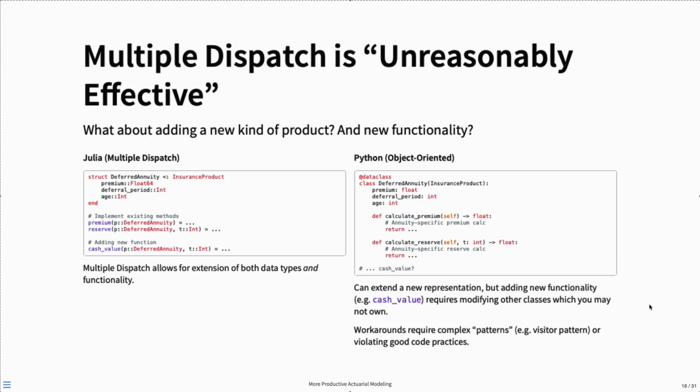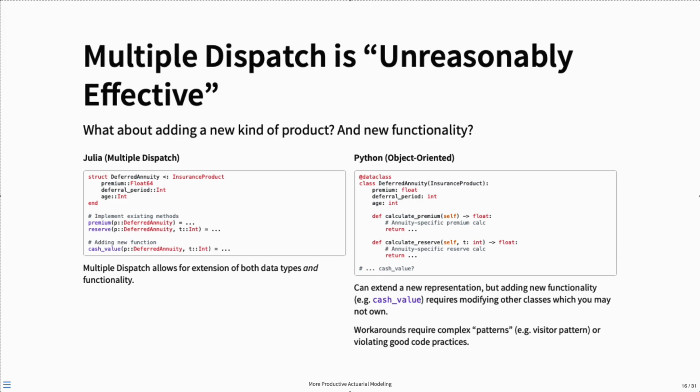Cash value doesn't necessarily make sense for term, and so in order to add the deferred annuity, we have to go back and refactor our abstract base class to be able to distinguish between a product that has no cash value development, like term, versus a product that does, like deferred annuity. And that's a violation of good practice of trying to make code changes be as local as possible and not needing to modify other parts of the code in order to extend it.